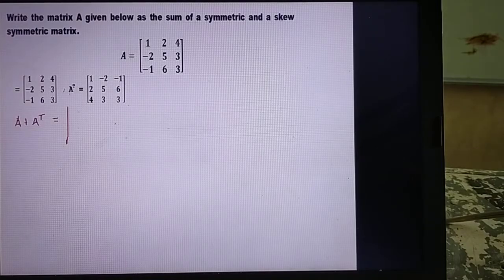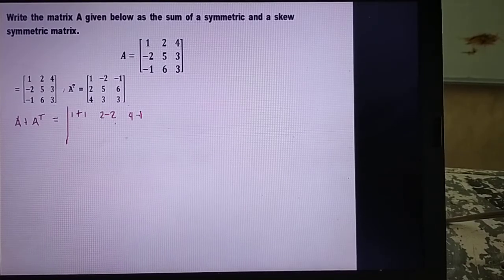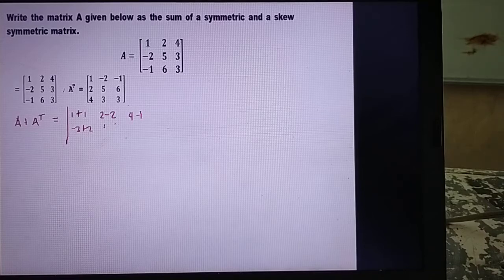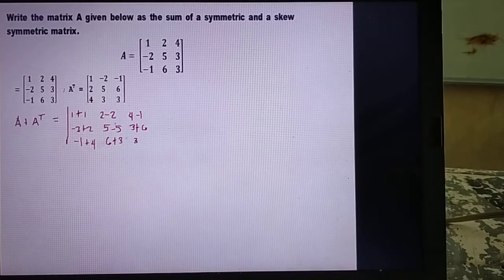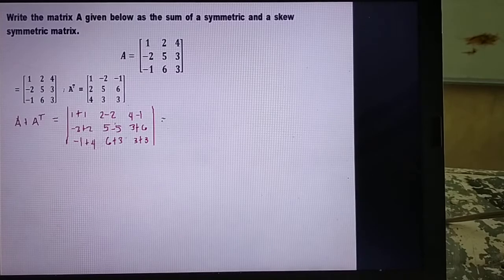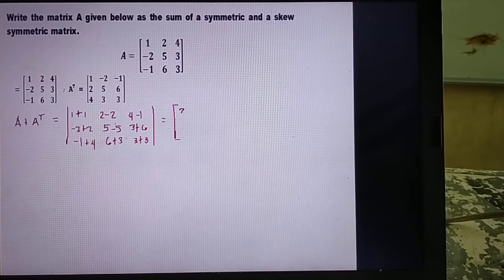So A plus A transpose is equal to, by addition, 1 plus 1 and 2 minus 2, 4 minus 1, negative 2 plus 2, 5 minus 5, then 3 plus 6, negative 1 plus 4, 6 plus 3, and 3 plus 3, equals this is 2, this is 0, this is 3.